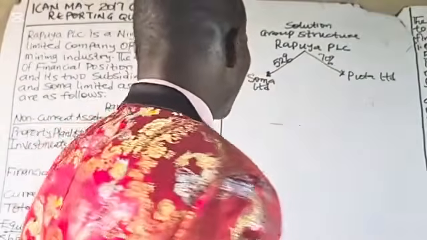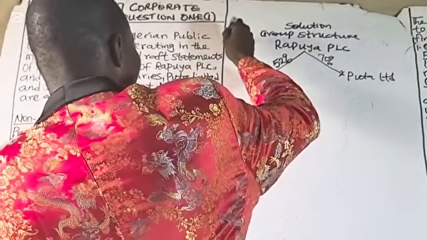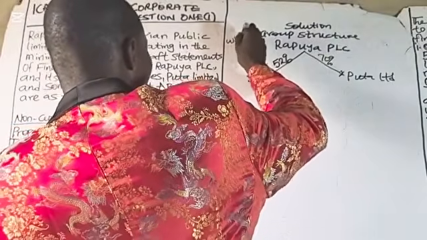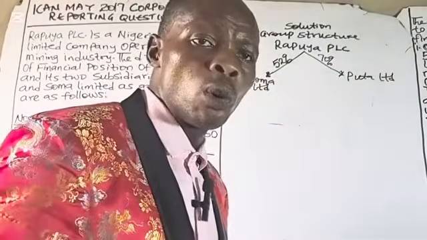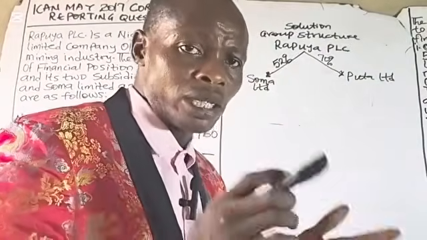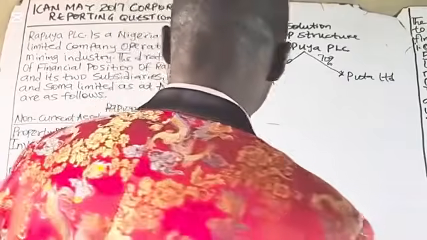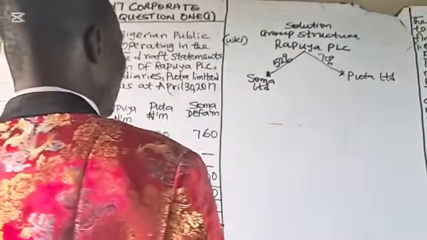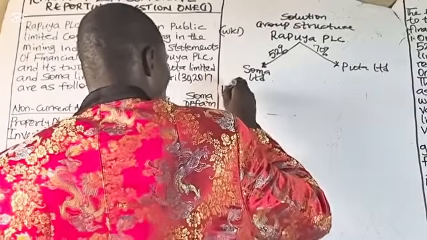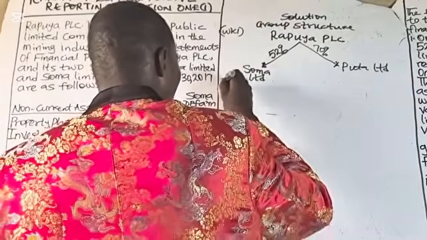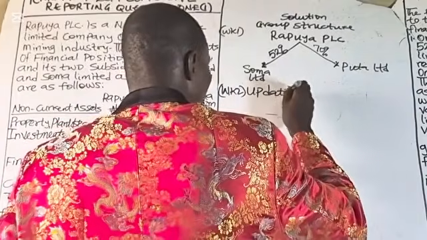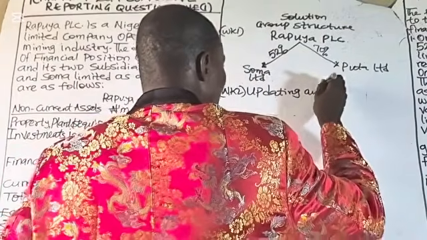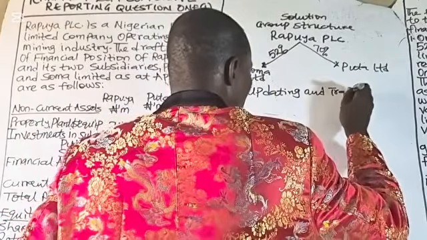After the group structure, let me have this as working one. The next step is to update and translate the financial statements of the foreign subsidiary. Working number 2: we have updating and translating.